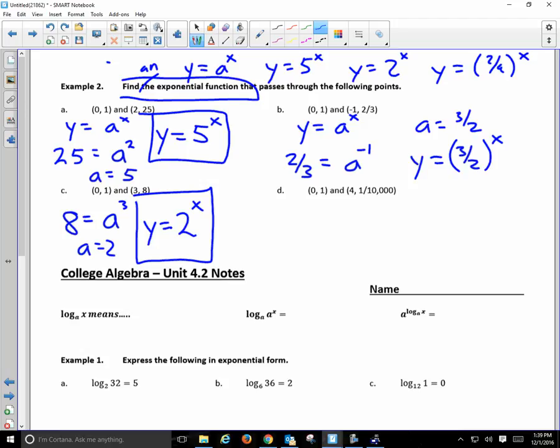Did you get y is equal to 2 to the x for C? What number would you take to the fourth power to get 10,000? 10. So what number would you take to the fourth power to get 1 over 10,000? 1/10.